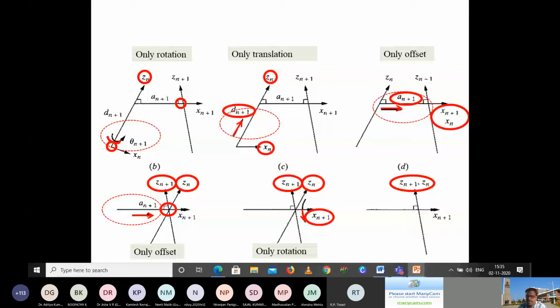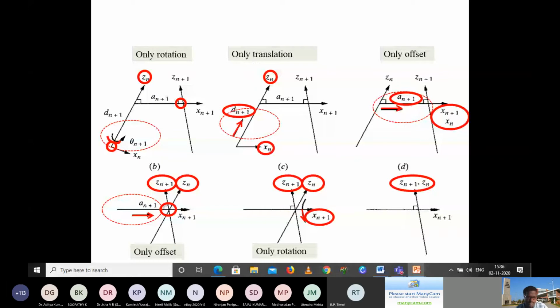Next one is we are aligning Zn axis with Zn plus 1 axis by an offset along x-axis, that is an plus 1. Next one is we are finally aligning Zn axis with Zn plus 1 axis by rotating Xn axis so that Zn plus 1 is aligned with Zn.